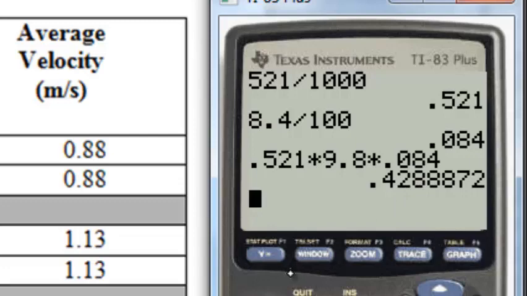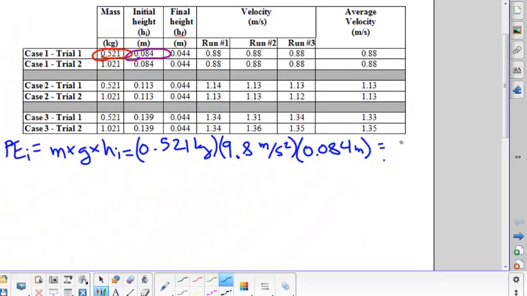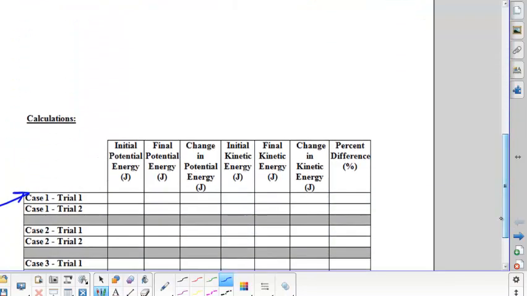Actually, I'm going to round it all the way to 0.43. This is in joules, so I get 0.43 joules. That's PEI. So I can come down here to initial potential energy, and I got 0.43.